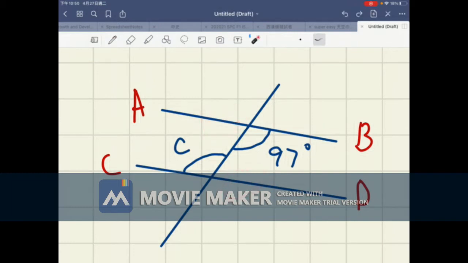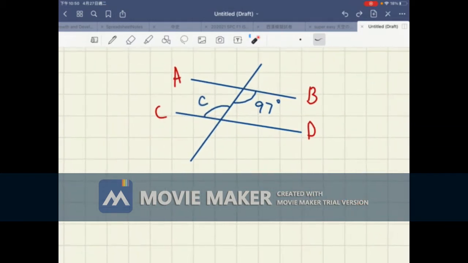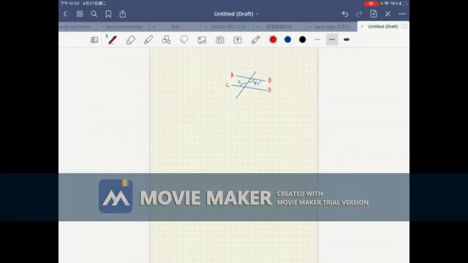Therefore, we cannot show that they are parallel lines. So we cannot say that C equals 97 degrees. We don't know whether they are parallel lines or not, so we cannot prove that they are alternate angles. Therefore, we cannot calculate C. Have you been tricked?